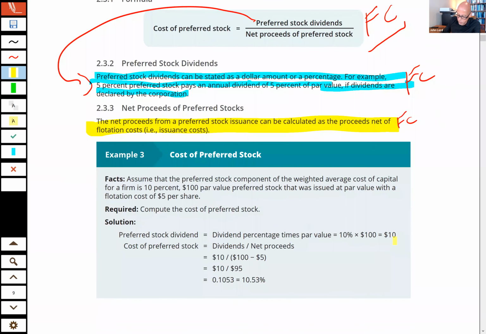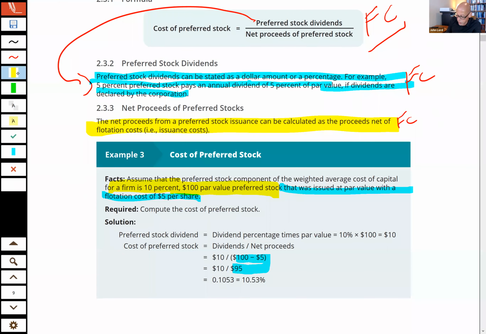They tell us that it's a 10% preferred stock. The par value is $100. And then they tell us that there is a flotation cost. You're probably paying some sort of underwriter or something, $5 per share. So the net proceeds, let's just deal with that denominator first, is 95.